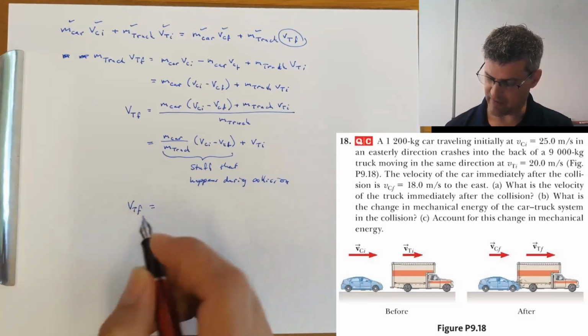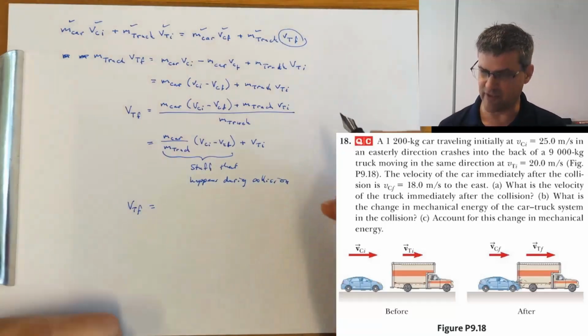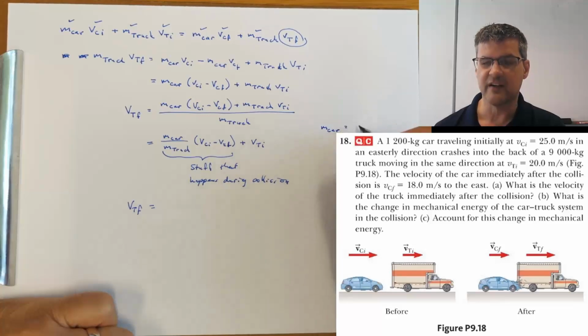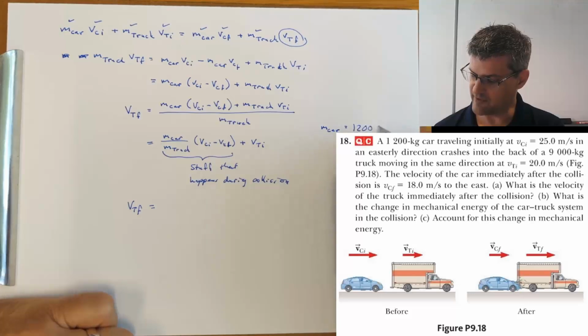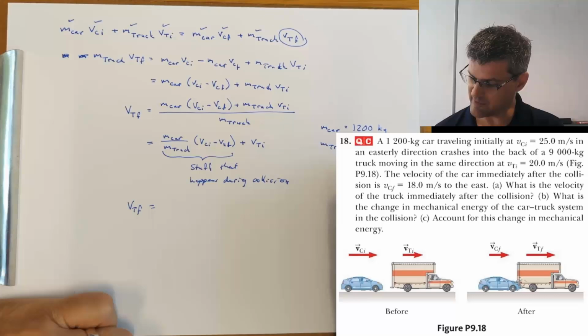what the v of the truck after the collision is, we can get out our calculator. And just to note here, the mass of the car is 1,200 kilograms. Mass of the truck is 9,000 kilograms.